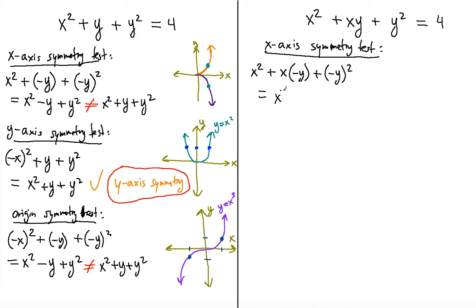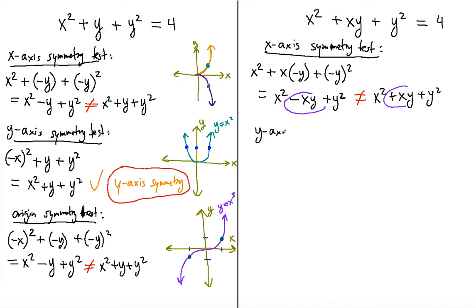That gets us x squared minus xy plus y squared. Notice that this does not equal the original left side, right? Because we have a plus xy and here we have minus xy, right? Does not equal the original left side. And I'm going to circle that, as you can see, minus versus the plus, right? So there's no x-axis symmetry.